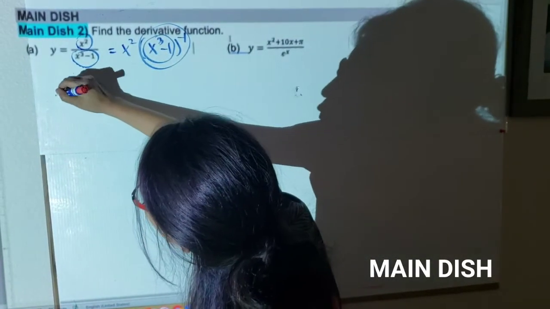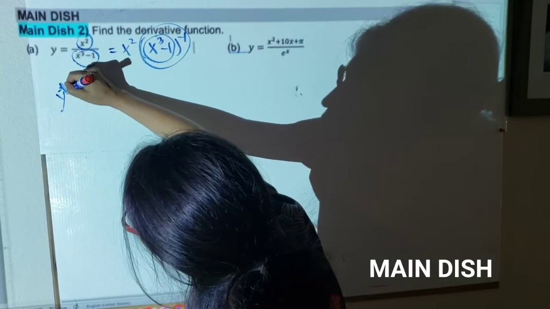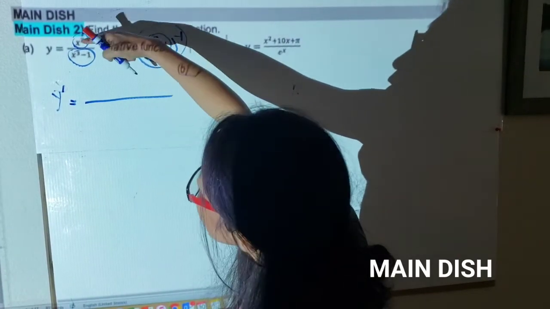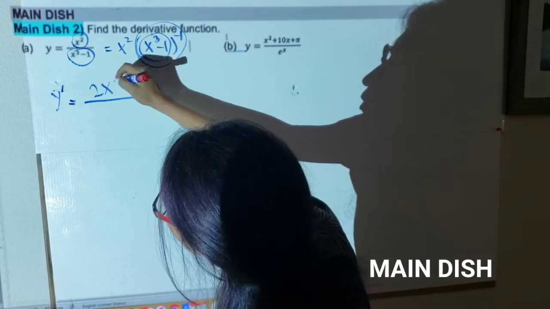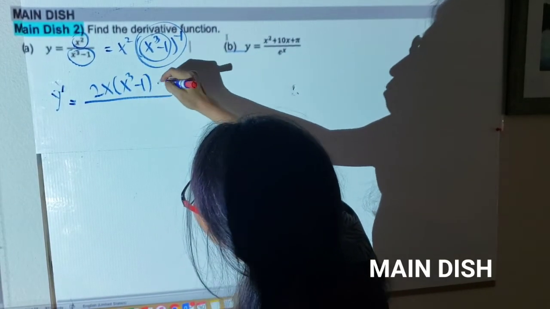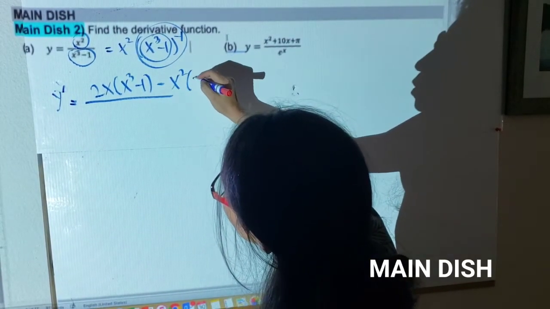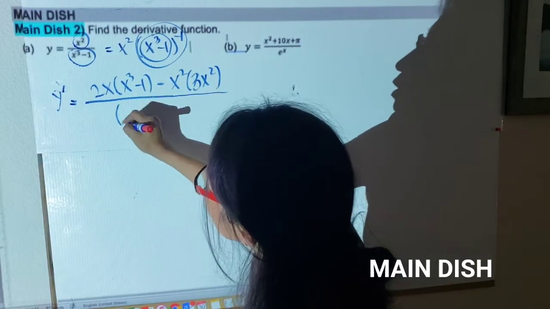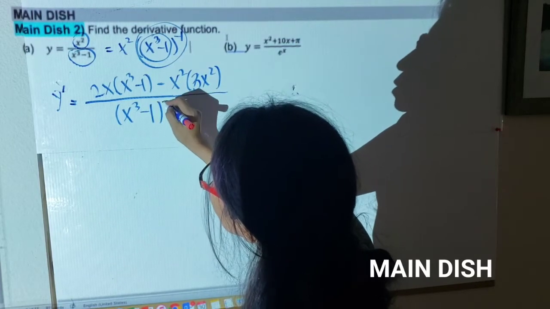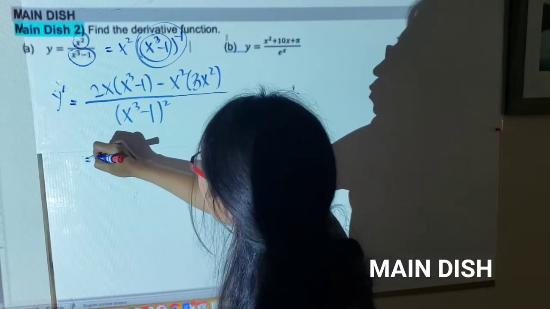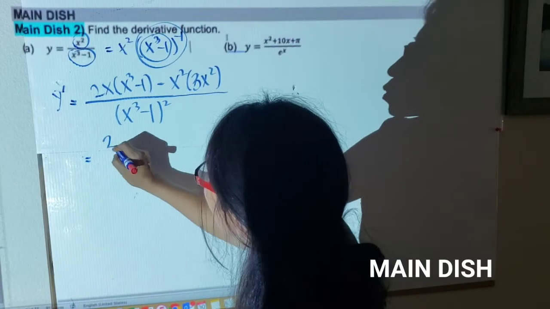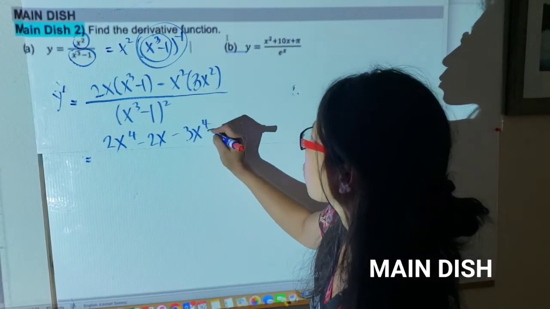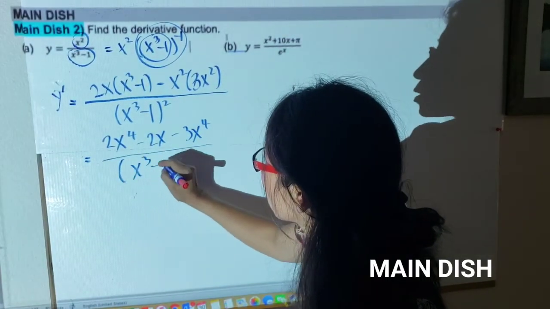So quotient rule, the rule is: the numerator prime is now take the derivative and leave it, minus, leave it and take a derivative, over denominator squared. Now organize the numerator. So I see that 2x to the 4th minus 2x minus 3x to the 4th power over denominator.